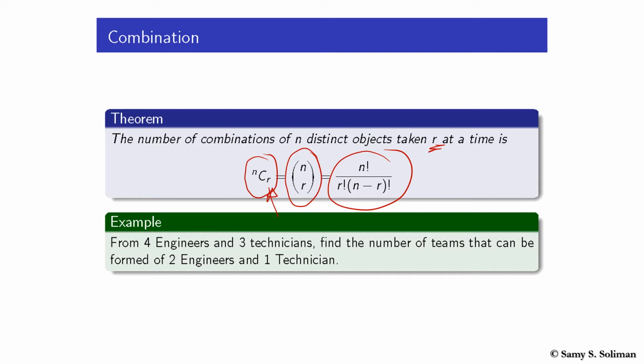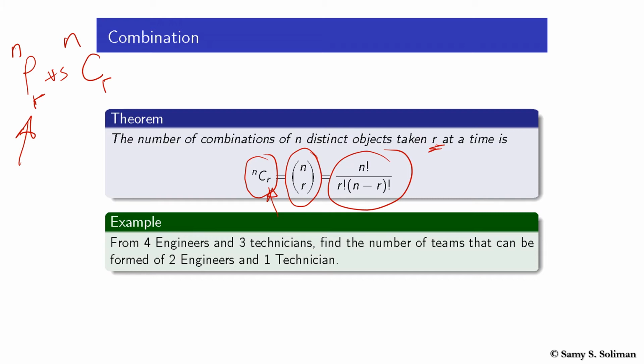So what is the difference between calculating permutations of r objects chosen from n distinct objects versus choosing from n distinct options r combinations? The main difference is that when we calculate the number of permutations, the order of the chosen permutation makes a difference.